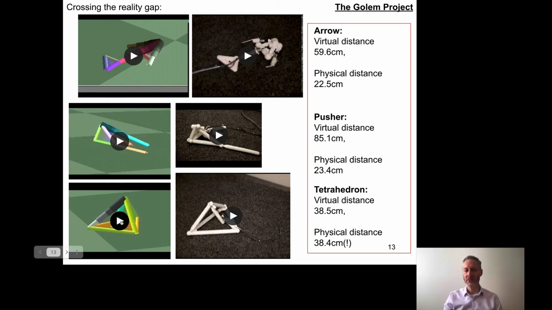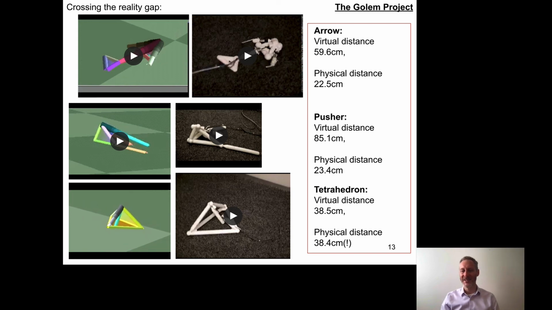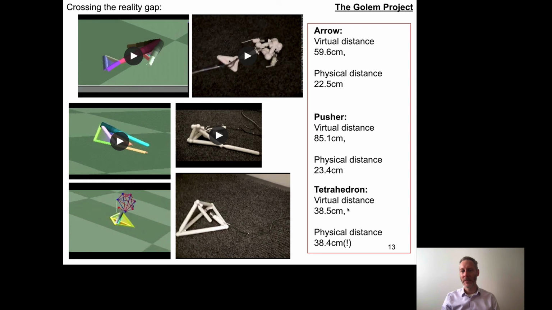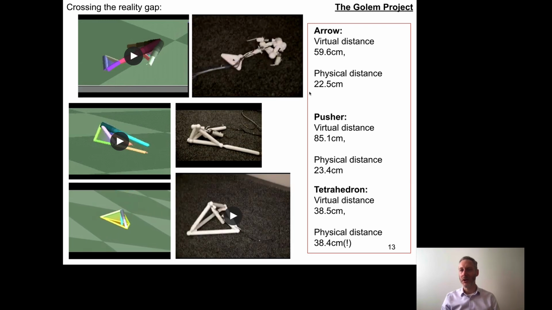What is it about the tetrahedron and the way that it moves that makes its function more resistant to changes in the environment? Why is this behavior more easily transferable from simulation to reality compared to these behaviors? Missy says structural stability.